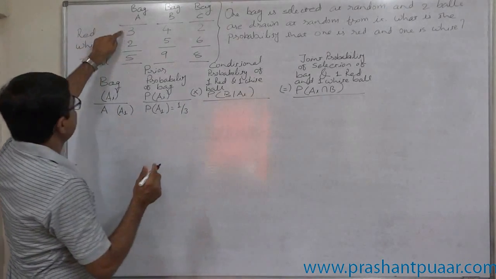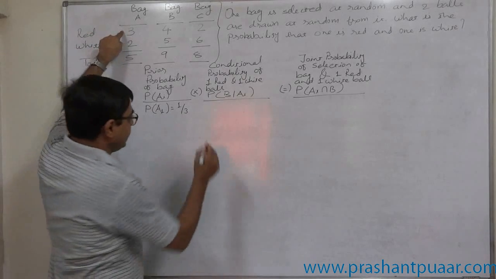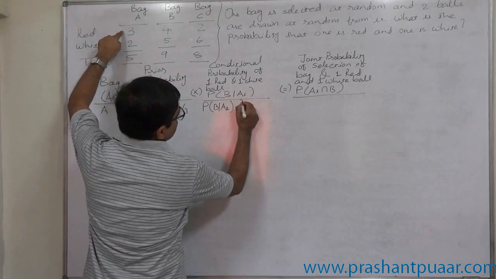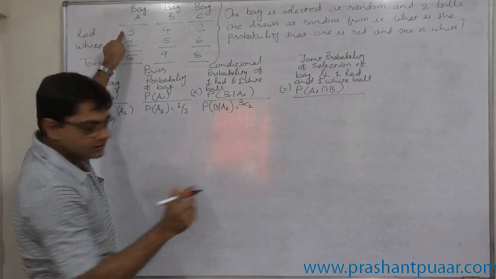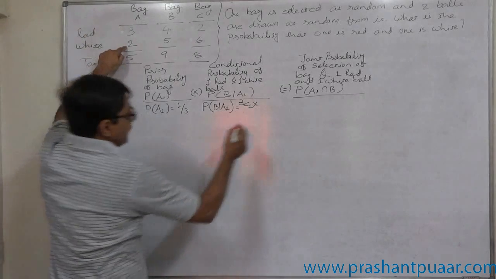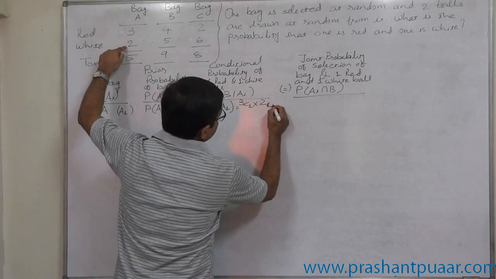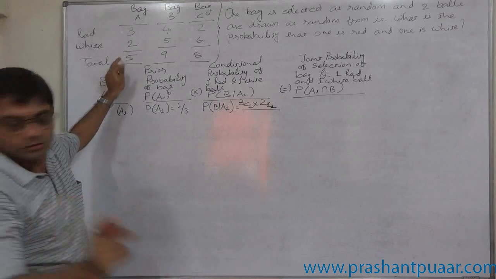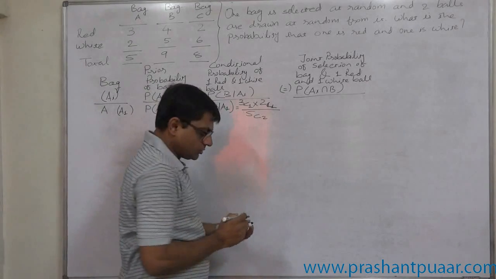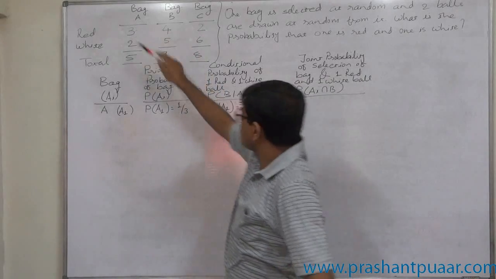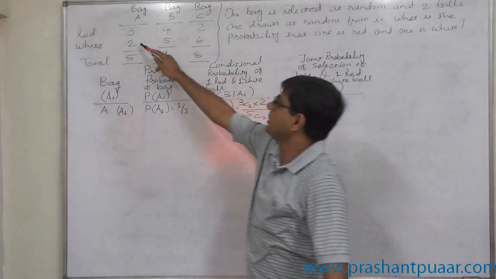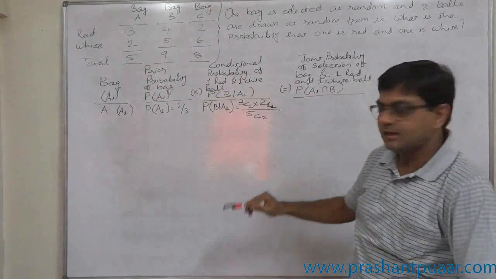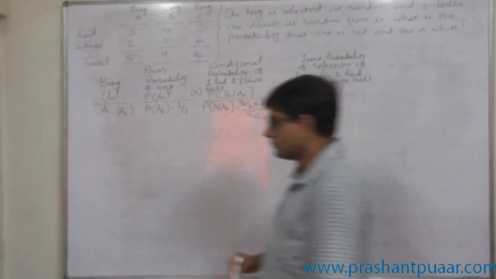From bag A, number of red balls 3, out of which we are interested in 1, so P of B given A1 is actually 3C1, 1 out of 3 red balls, and 1 out of 2 white balls multiplied by 2C1, divided by, ultimately we are going to draw 2 balls, so 2 out of 5, so the denominator will be 5C2, because we know that out of 3 balls 1 can be selected in 3C1 ways, out of 2 balls 1 can be selected in 2C1 ways, and out of 5 balls 2 can be selected in 5C2 ways. Now simplify these.